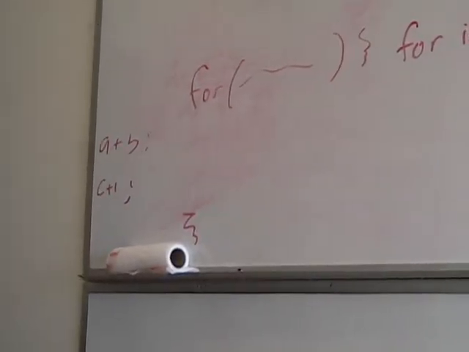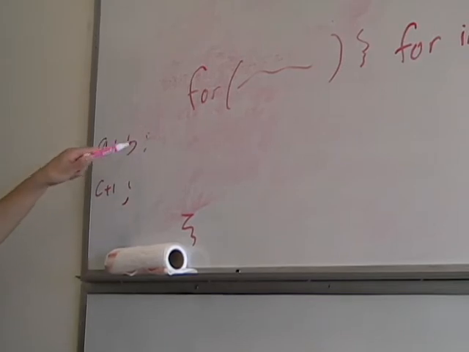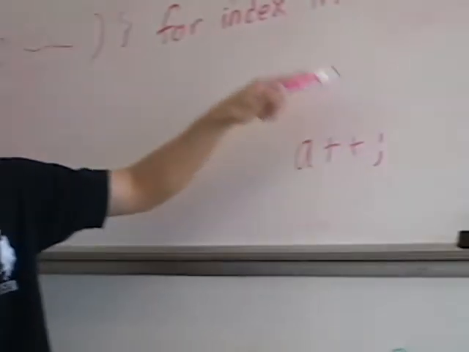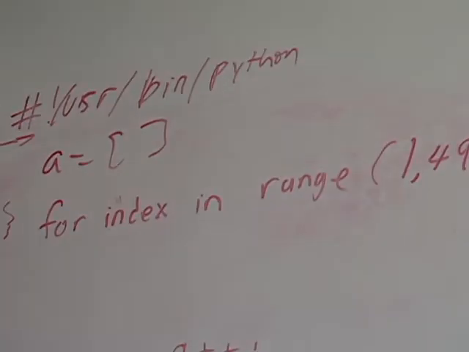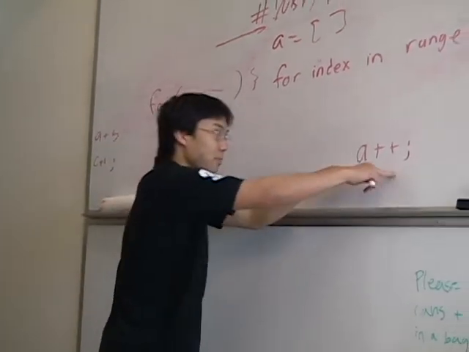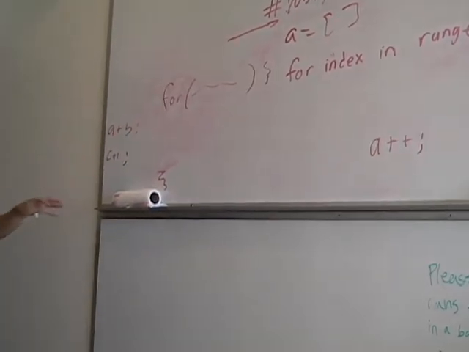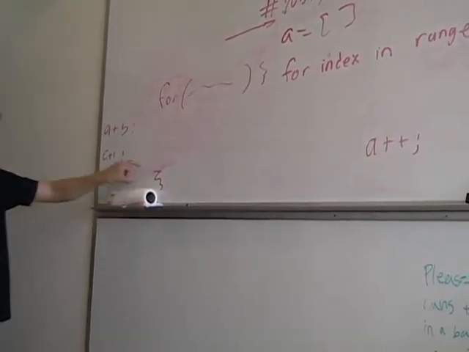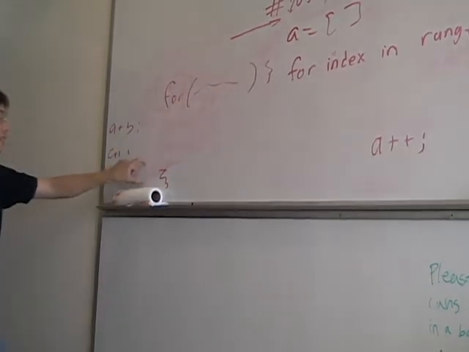Oh, by the way, in Perl, you have to end the statement. You have to put a semicolon. In Python, you do not. So you can actually do this: A plus B, C plus 1, and then all the way here, A plus plus, and it's going to work. Perl will compile, will work, as long as they're in between the curly braces.